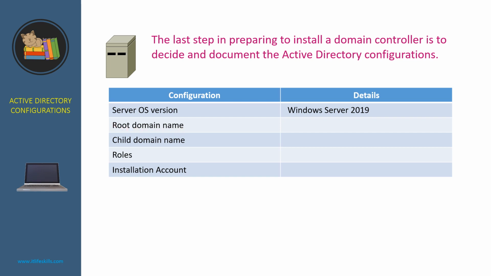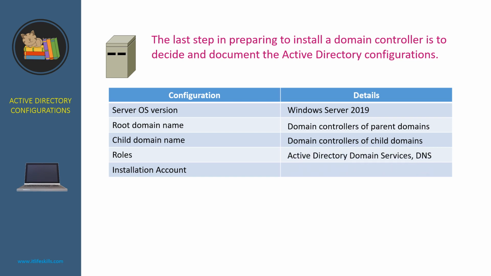The root domain name, which is required by the domain controllers of parent domains, and the child domain name, which is required by domain controllers of child domains. The roles: at the minimum, we need to install Active Directory Domain Services and DNS roles for a domain controller. And the installation account, and usually it is administrator.